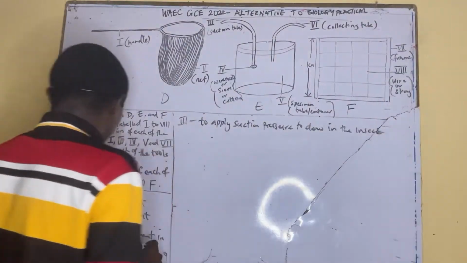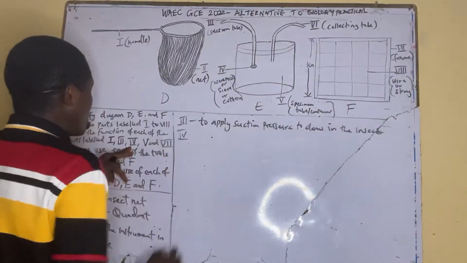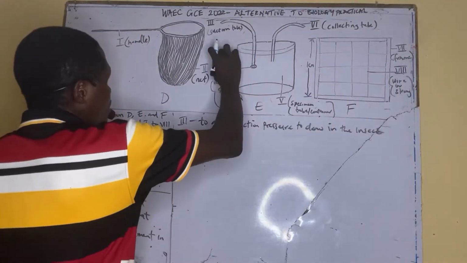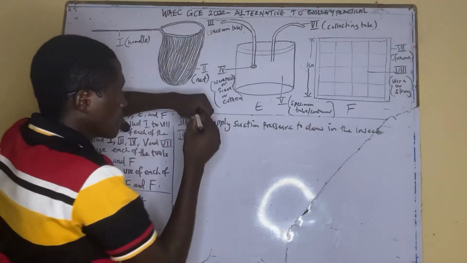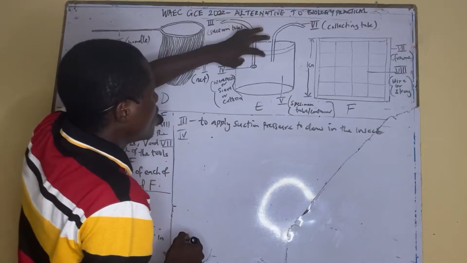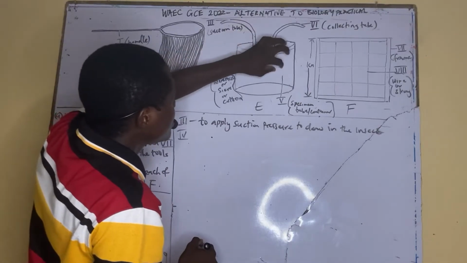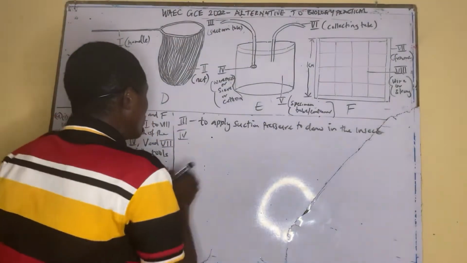The function of Roman figure 4, according to this question, which is the cutting. Look at it, the cutting or the wire mesh or the sieve prevents the insect from entering into the suction and thereby entering into the mouth. So what does this one do?